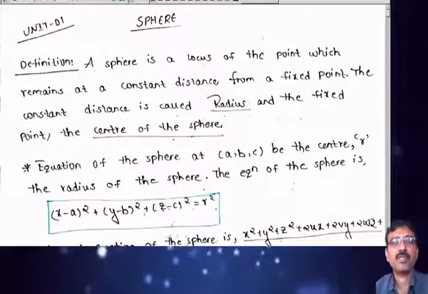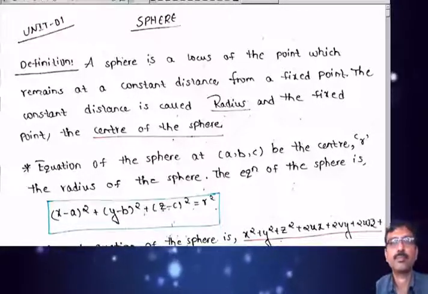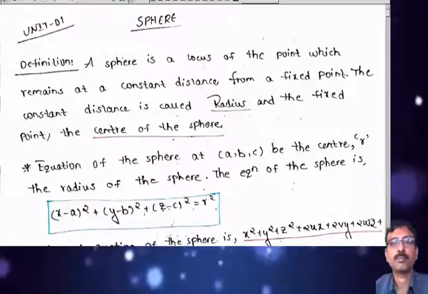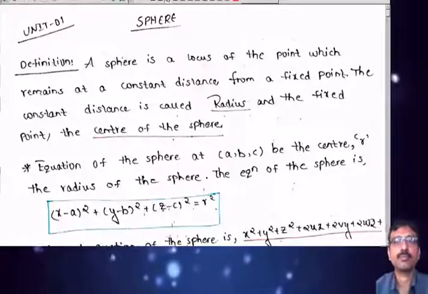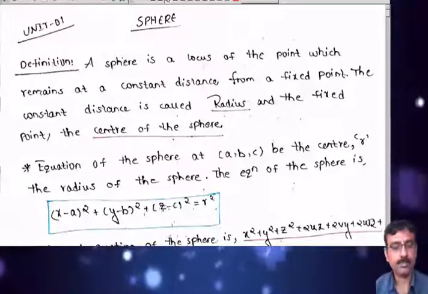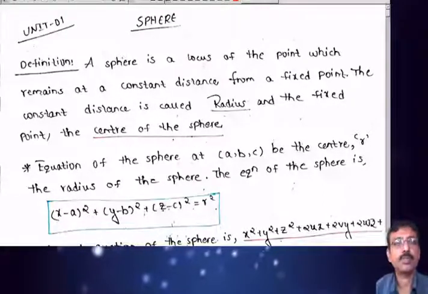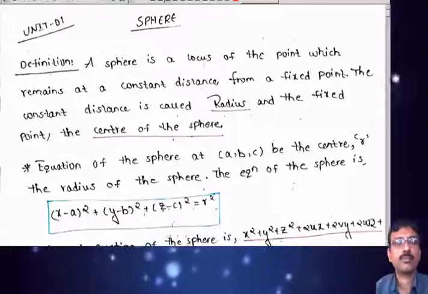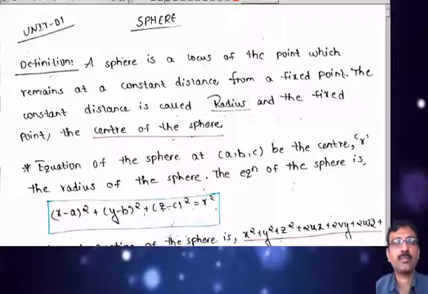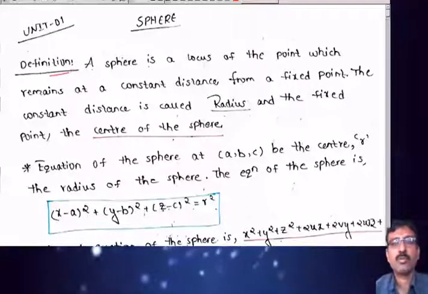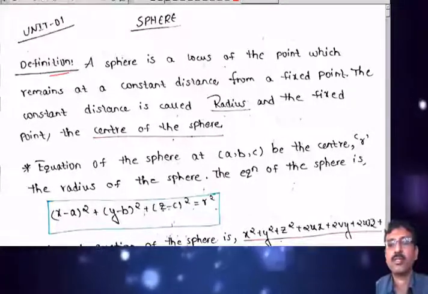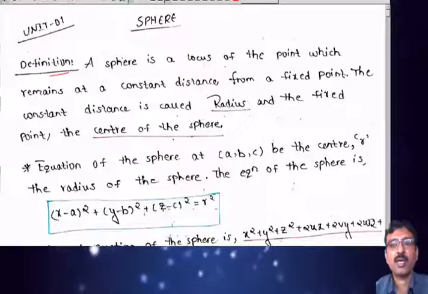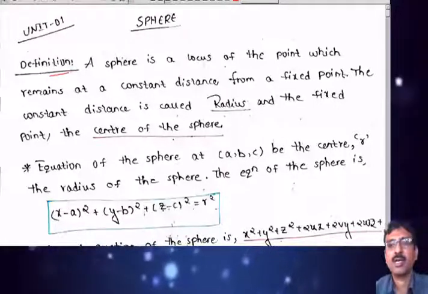In this lesson, I am going to define a sphere. So, definition: a sphere is a locus of the point which remains at a constant distance from a fixed point.